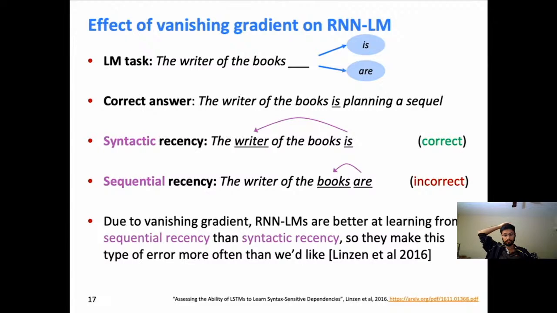So there are some papers that show that RNN language models make this kind of error of saying are rather than is. They make this kind of error more often than you would like, especially if you have multiple of these distracting words, such as books, in between the word you're trying to predict and the true word that you should be referring to.